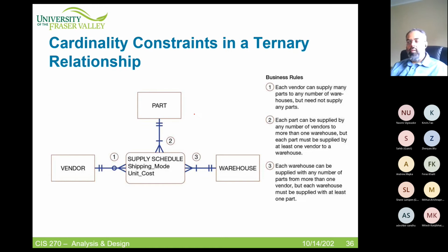Like here, we will have 1, 2, 3, which means that again here, mandatory 1, optional many. Here we will have mandatory many. When I said optional, it can happen, it cannot.